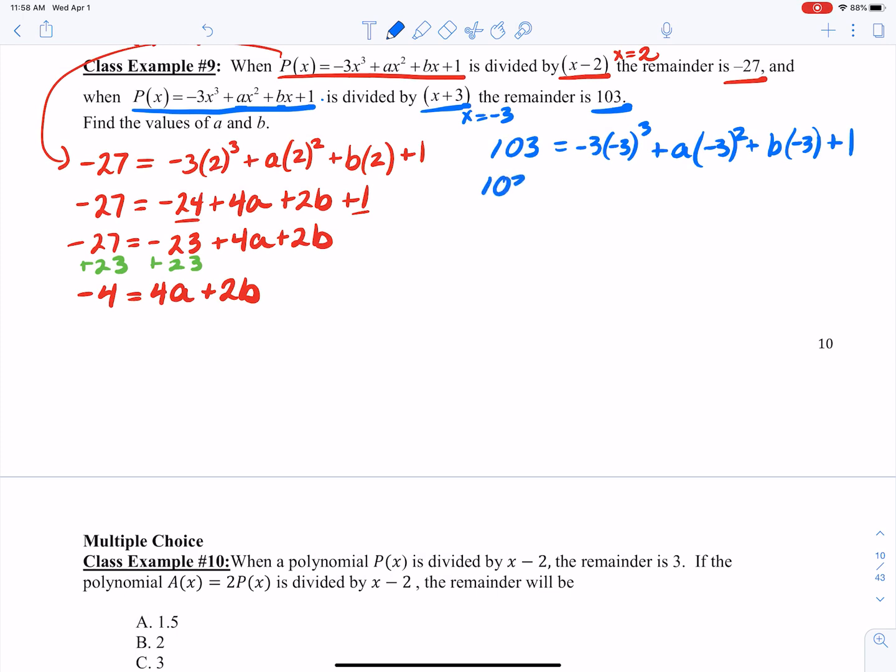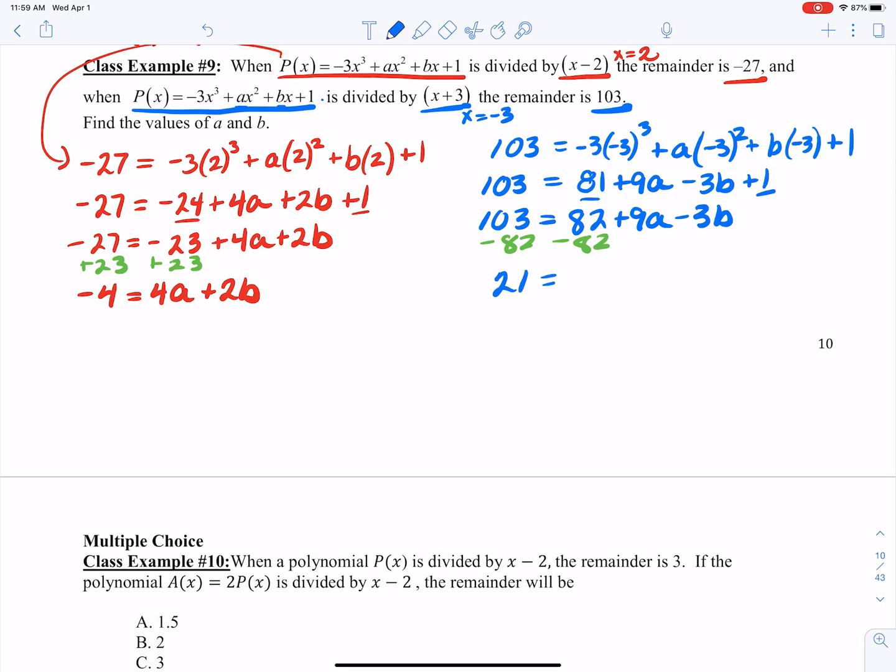So I've got 103 is equal to 81 plus 9a minus 3b plus 1. 82 plus 9a minus 3b. I just gathered these two. Now I'm going to subtract 82 from both sides. This is a lot of mental math here for me today. I'm going to say this is 21 is equal to 9a minus 3b.